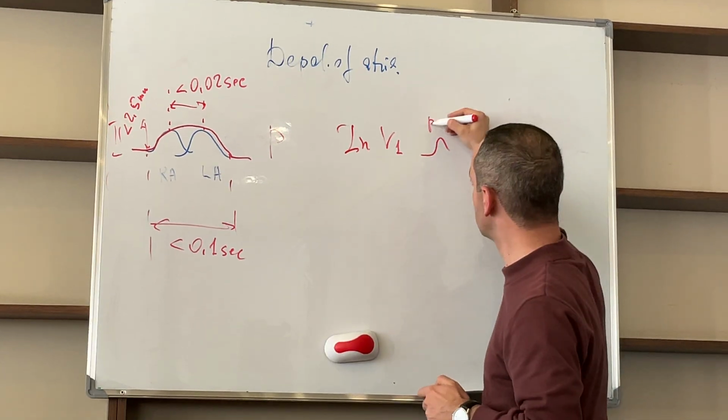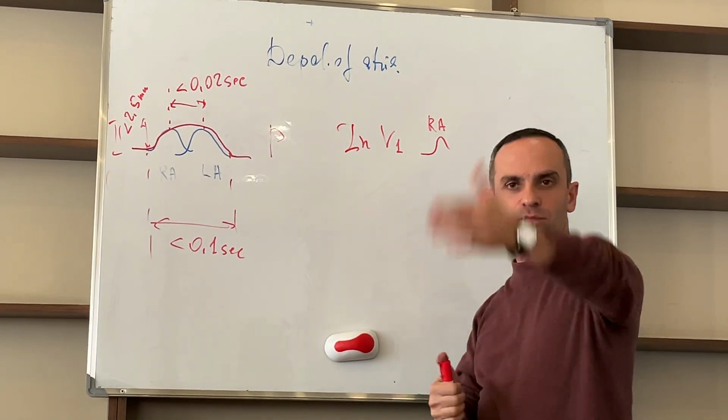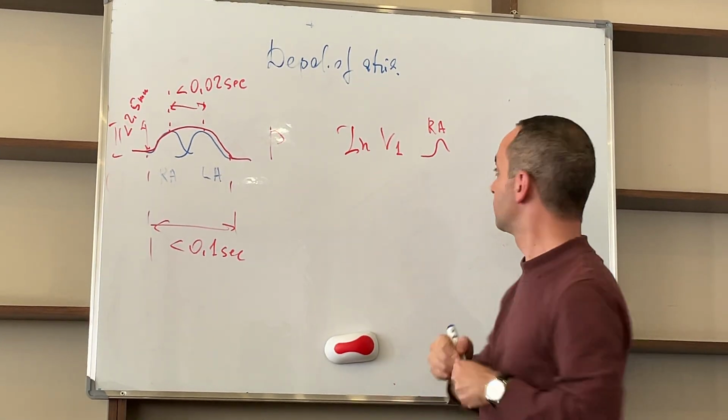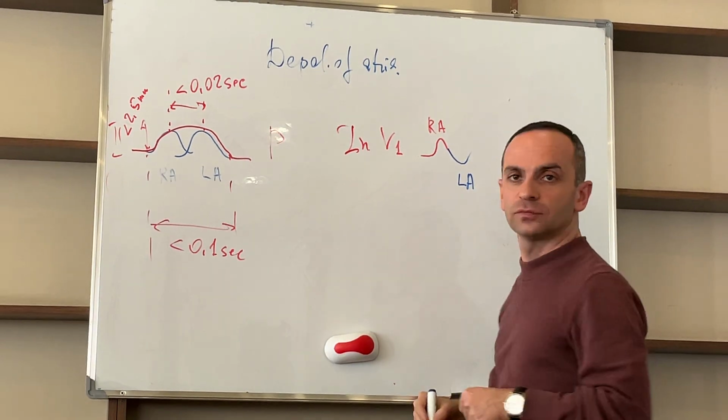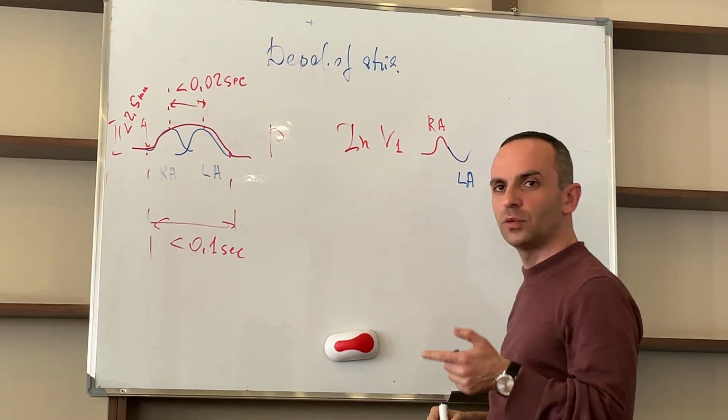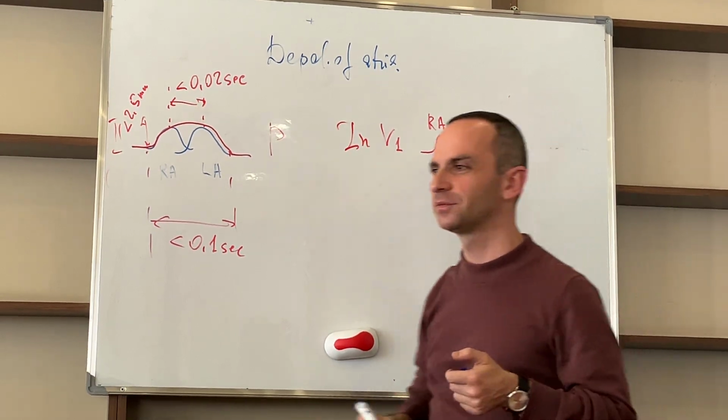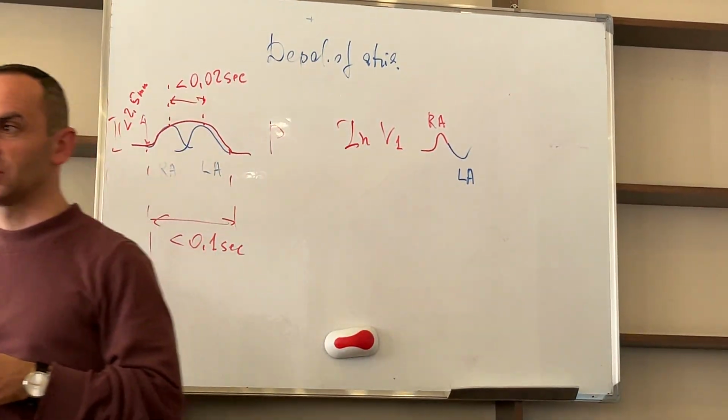This is the right atrial component. The left atrium is in the opposite direction, because it's behind, so we have a negative deflection. In other words, normally the P wave may be biphasic in V1, plus minus.